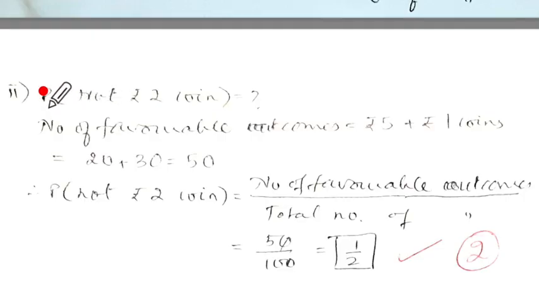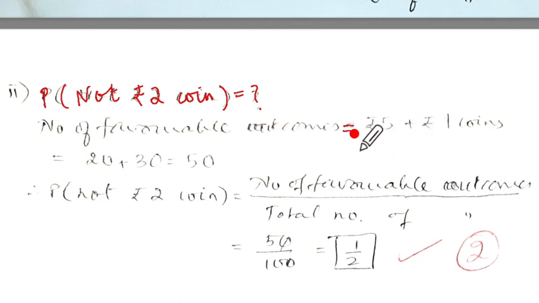The second part asked us to find the probability of not rupees 2 coin. Sorry, the print is too light. So the number of favorable outcomes would be, how many were there?